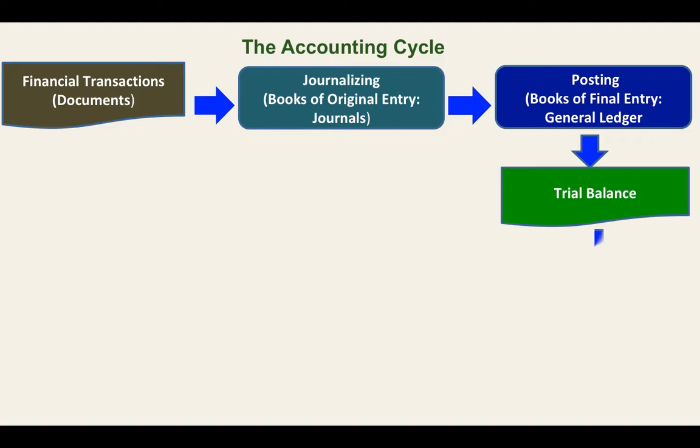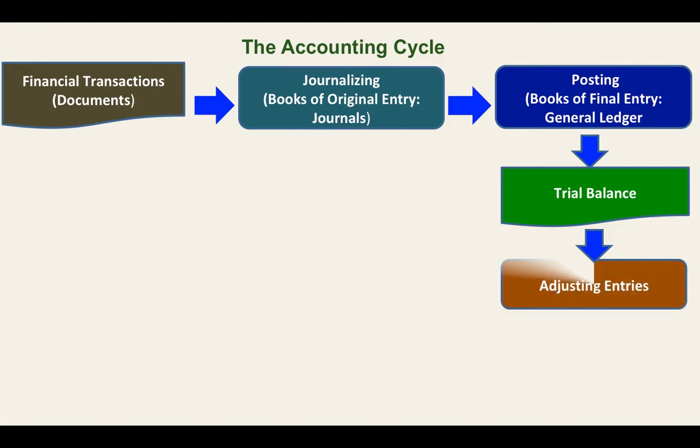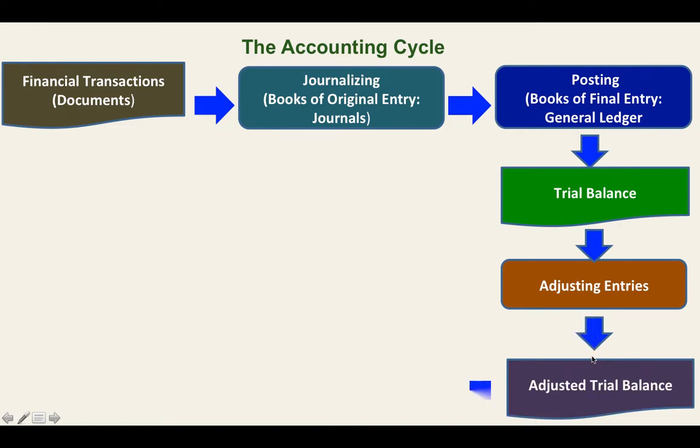Okay? Then after doing the trial balance, you have to look at whether there are certain amounts that you need to correct, adjust, or update. And that is what you call doing your adjusting entries. Okay? So if you have made certain adjustments on the balances of your trial balance, it will now be your adjusted trial balance.